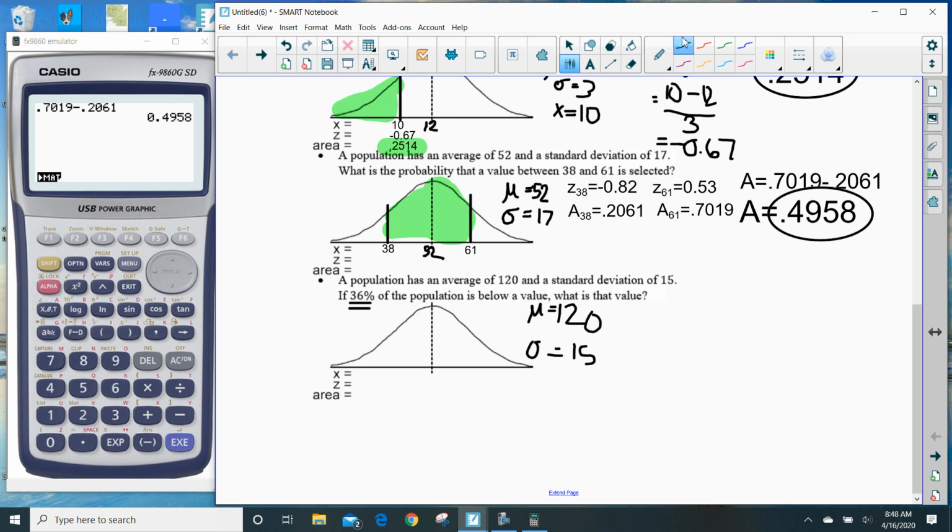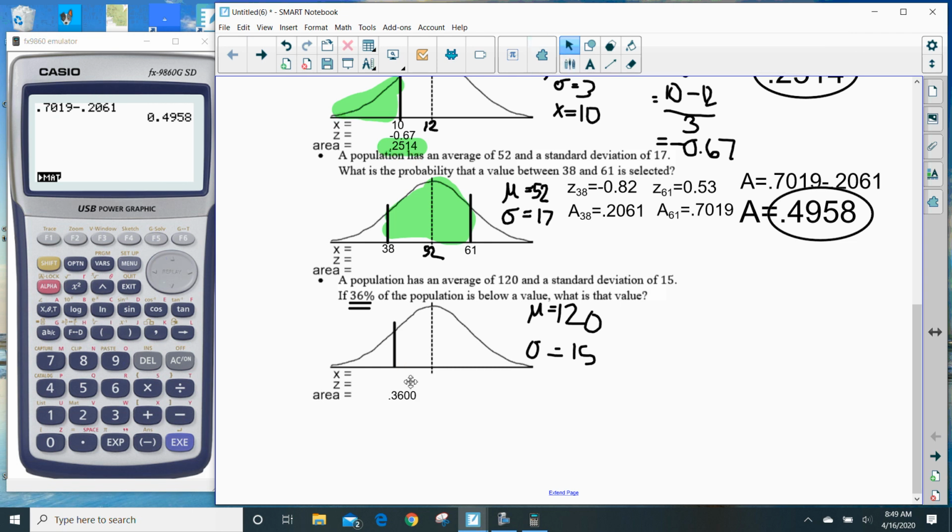So if 36% is below this value, it's obviously over here. But the most important thing is to recognize that, again, the information that they gave you is not an X, but rather an area. They just gave you an area.